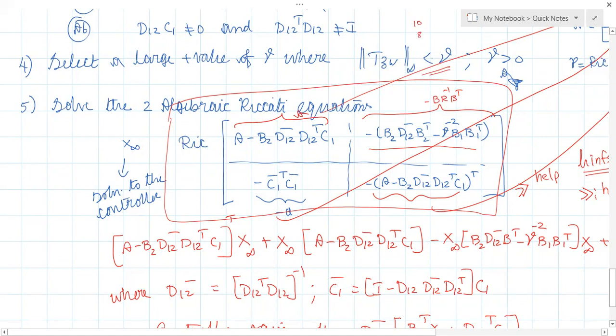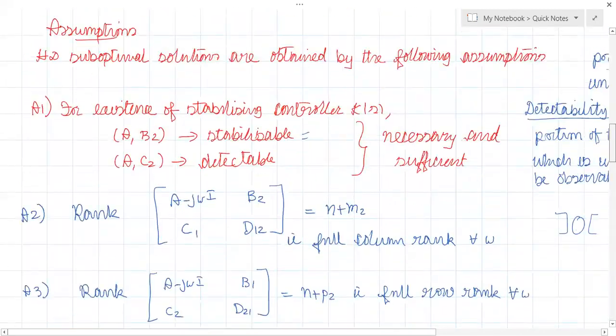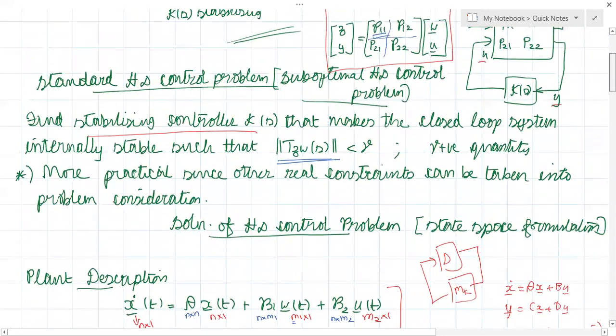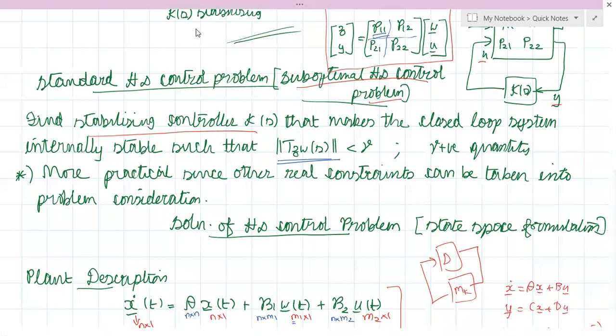Again, you will try to reduce it. Actually speaking, the optimal value may be, say, 9.324, but we cannot find that exact optimal value. That's why it is called suboptimal control.